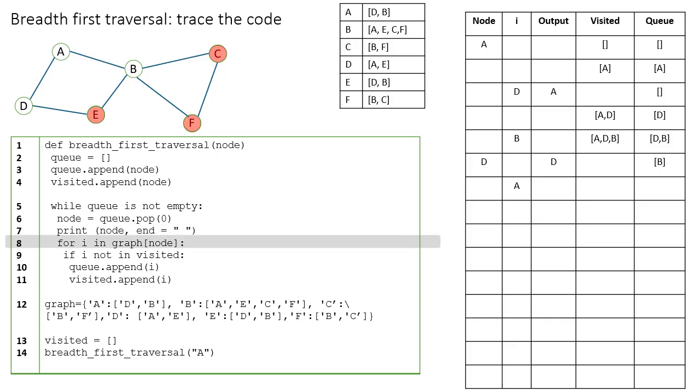And then for each of the adjacent nodes to D, we go through and check to see if they've been visited. You can see in this case that A has already been visited, so we're not going to execute lines 10 and 11.